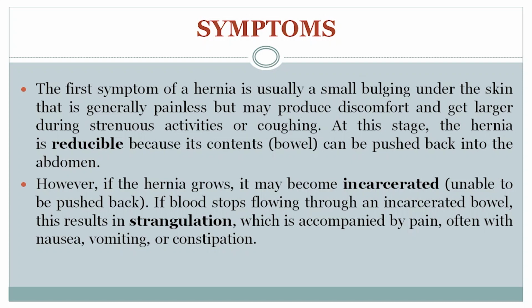So usually there is a small bulging under the skin, and this bulging is basically painless, but sometimes with strenuous activity or coughing, this bulging produces some discomfort. At this stage, the hernia is reducible because its content can be pushed back into the abdomen.